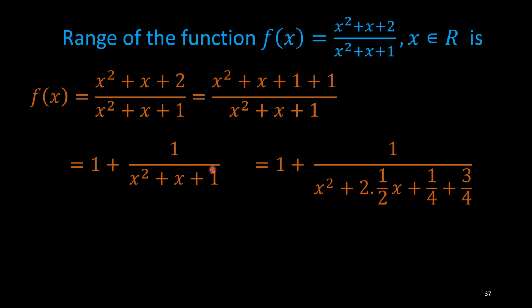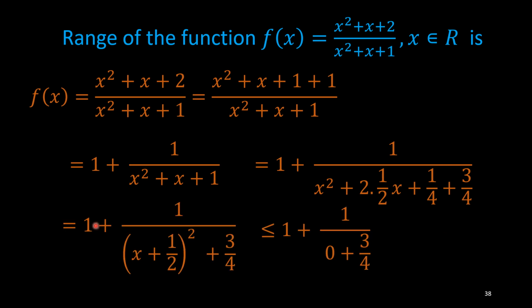So this 1 is replaced by 1 upon 4 plus 3 upon 4, and x square plus 2 into half into x plus half square gives x plus half that whole square. So thus it is 1 plus 1 upon x plus half that whole square plus 3 upon 4.